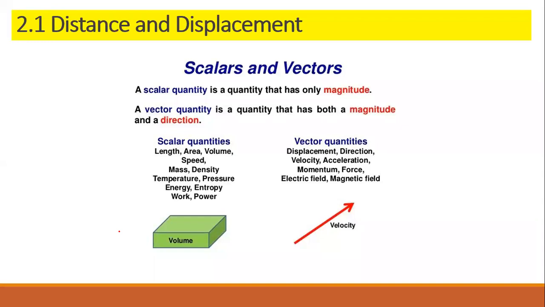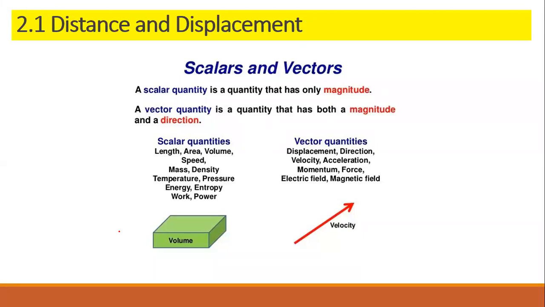There are different physical quantities in our science lessons. We are learning about different things: area, length, force, magnetic fields and energy.